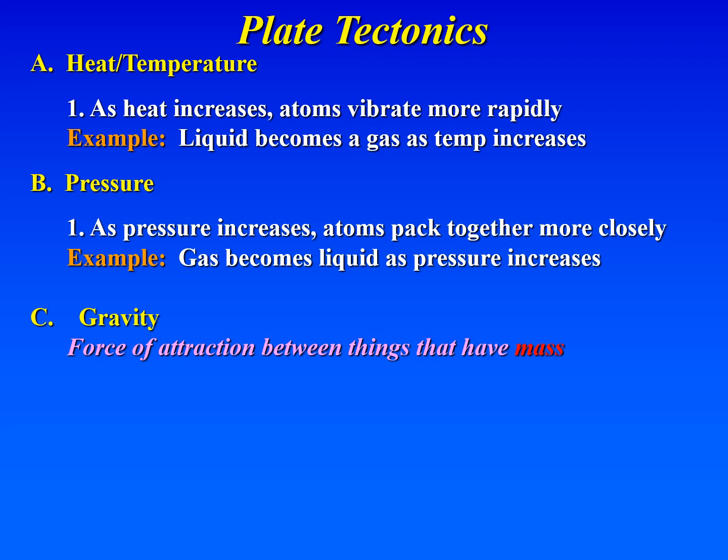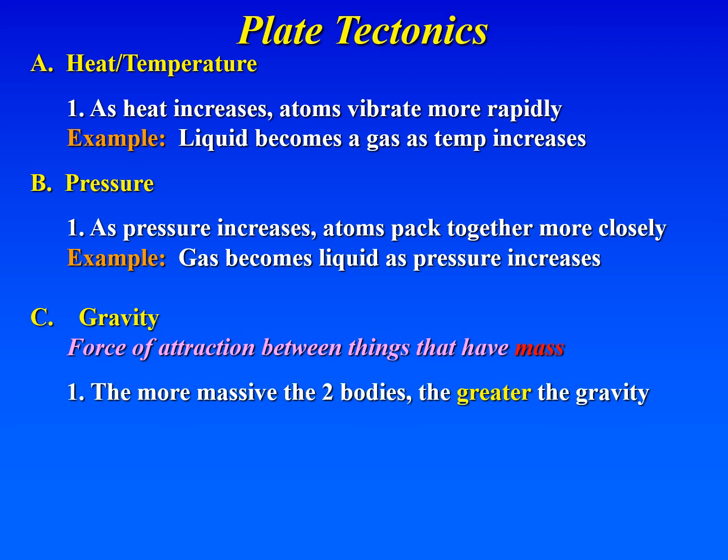So the way gravity actually works is that it's the force of attraction between things that have mass. So the more massive the two bodies, the more the gravity is going to exist between those two objects, the greater the gravity.